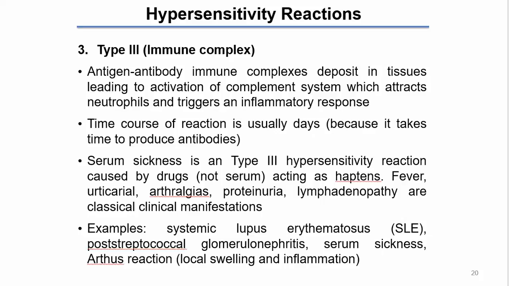Another place that we see this is people that end up with kidney problems, glomerulonephritis, post-streptococcal. And people can actually end up in kidney failure and end up on dialysis because of this type 3. What happens is these antigen antibody complexes get deposited in the glomerulus at that filtration membrane, and they screw up the filtration membrane and cause inflammation there, which then means that the glomerulus and the filtration doesn't happen properly.